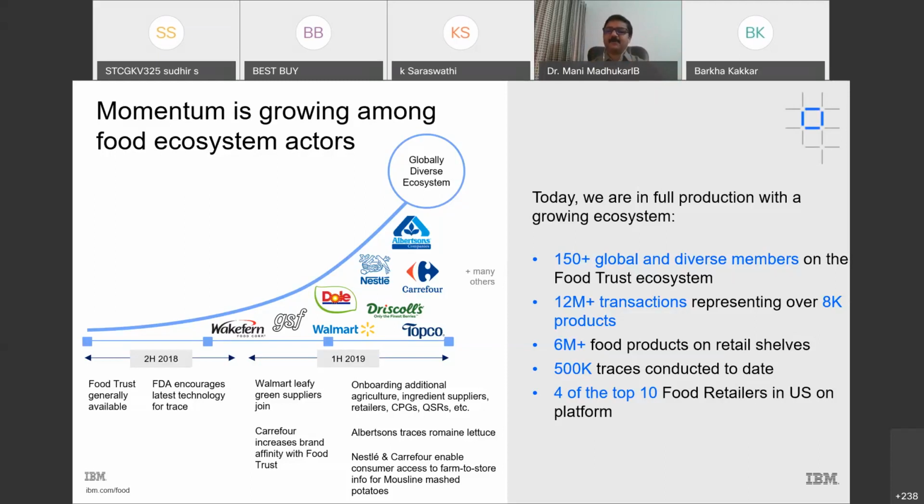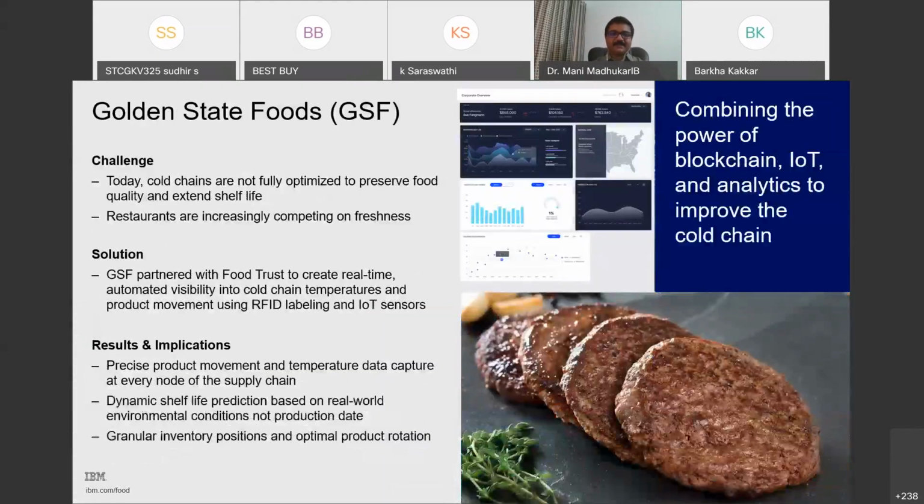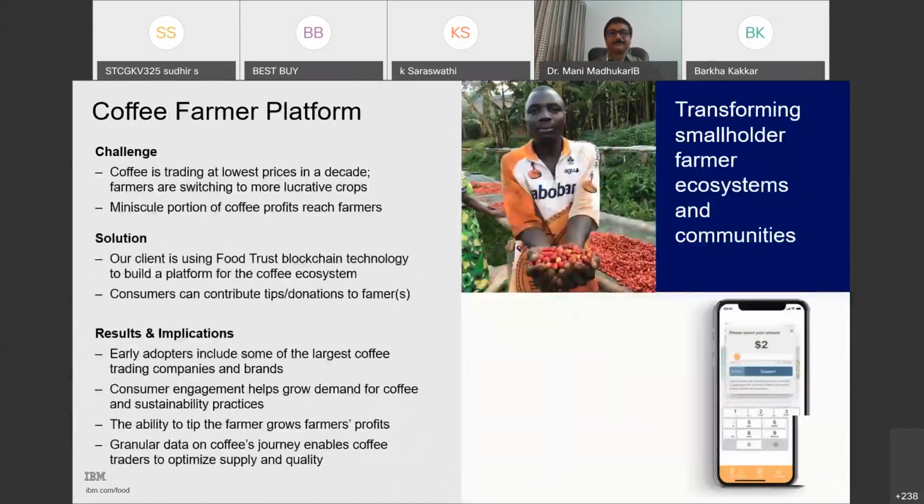Every detail will be available there, right? So almost 6 million food products are already onboarded with 12 million plus transactions on IBM Food Trust.